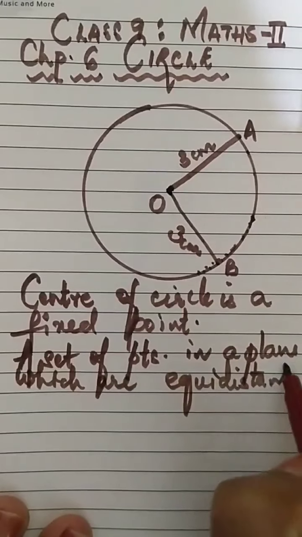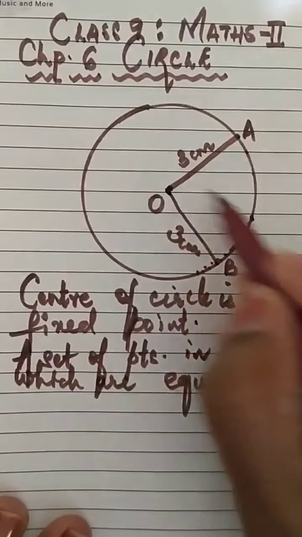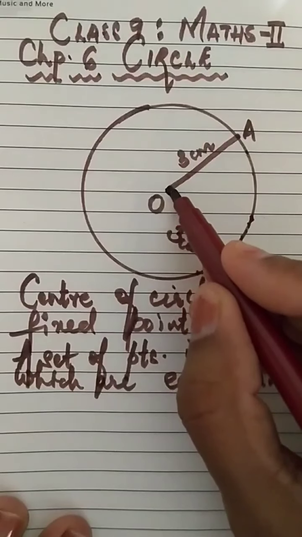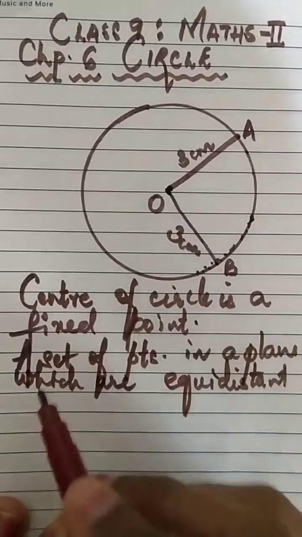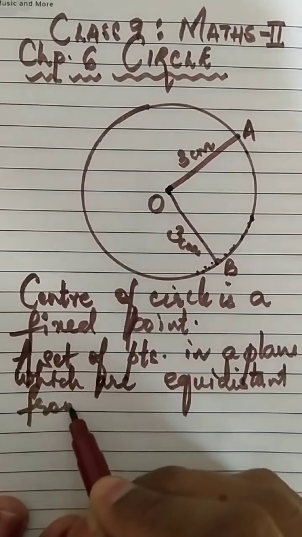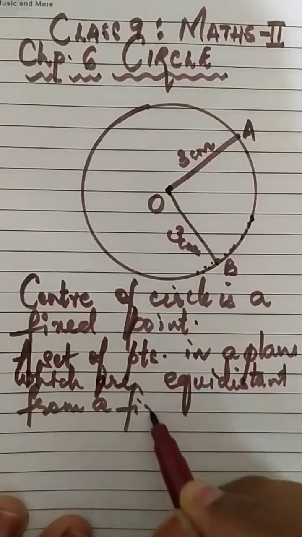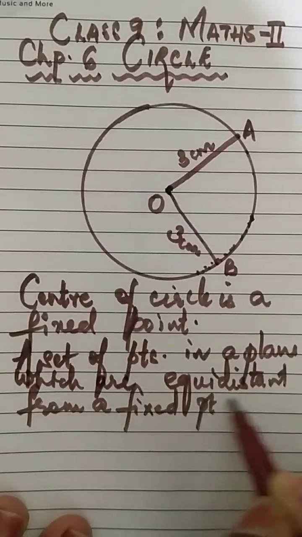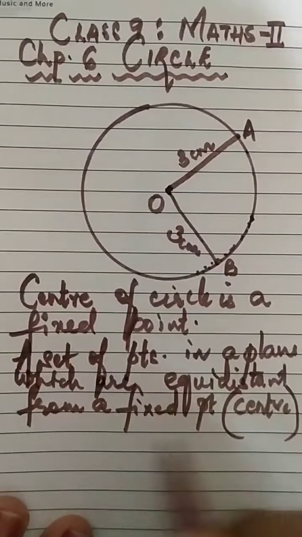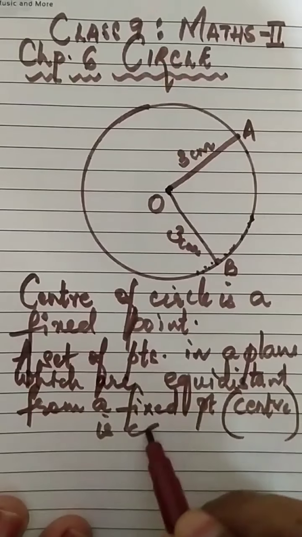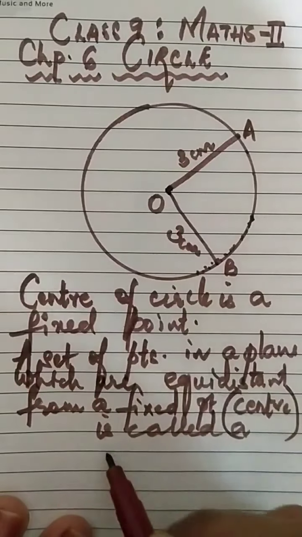These points are equidistant from whom? From the fixed point. So a set of points in a plane which are equidistant from a fixed point, and in the bracket you can write what that fixed point is: center, is called a circle.